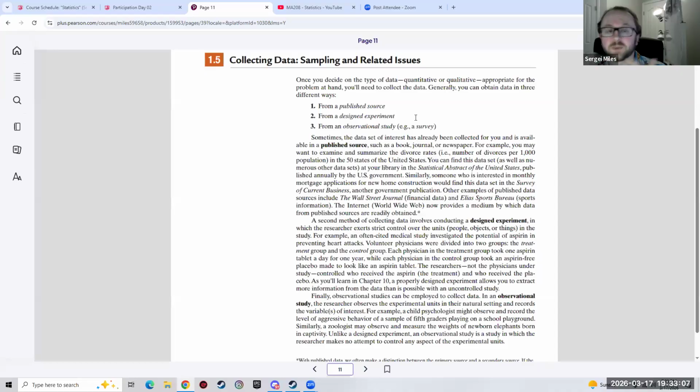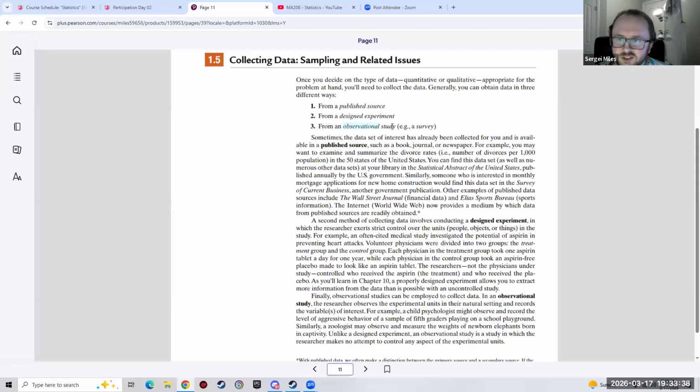Do they get healthier just because they think it's doing something? Is it just a mind over matter situation, in which case the drug's not actually helping? Or does the drug actually improve the situation? In which case, only the group with the drug should show improvement, where the placebo group should not show improvement. All right. That is a controlled experiment where the researchers have some level of control over the experimental units they're trying to study.